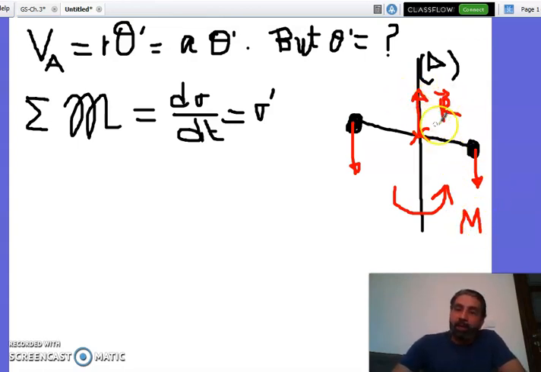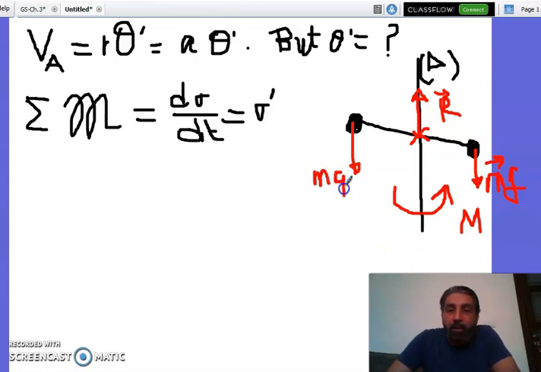But you know that the moment of R is 0 because it intersects the axis. And also the moment of the weight here, mg, is also 0 because it is parallel to the axis. So when the force is either intersecting the axis or parallel to it, you know that its moment is 0, right? Similarly here. So the moment of the three forces R, mg is 0.